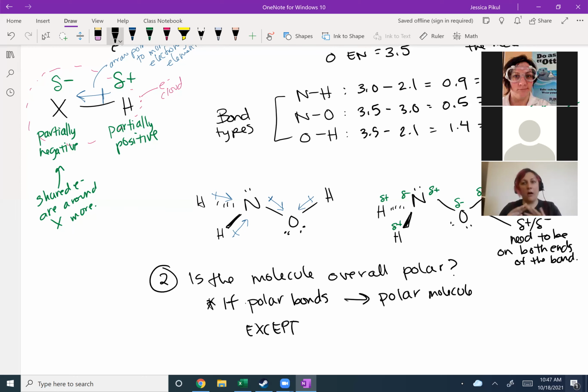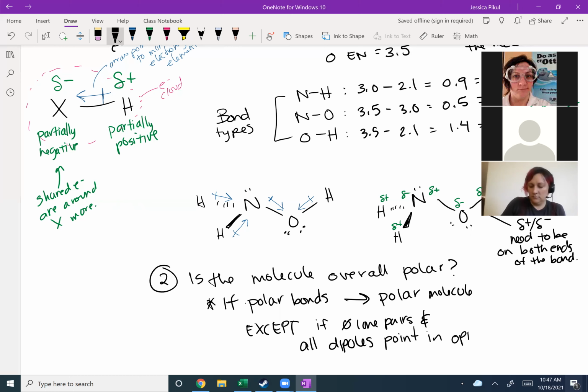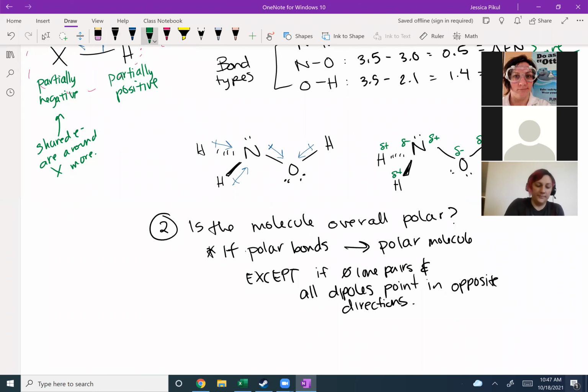Except if there are no lone pairs and all of the dipole moments cancel each other out, like they're all pointing in opposite but equal directions. So in this case, our molecule has lone pairs, so it's going to be overall polar.